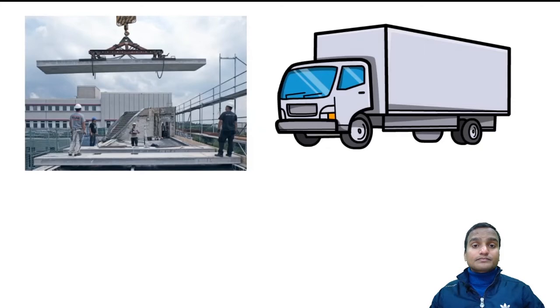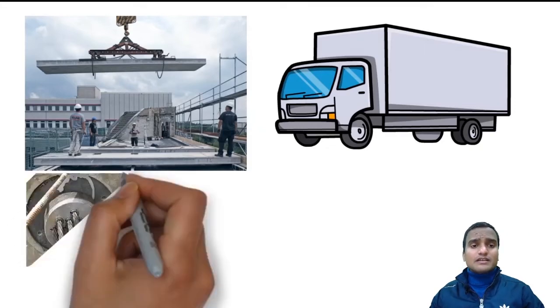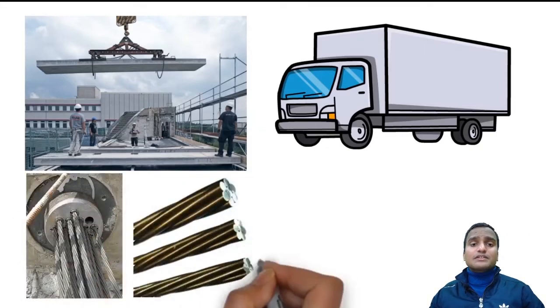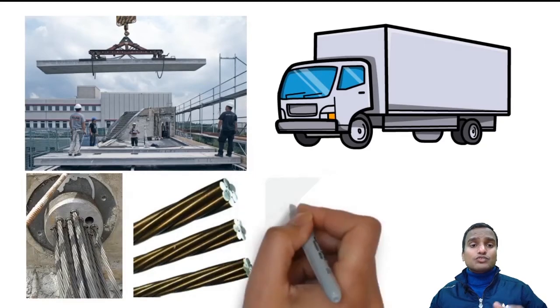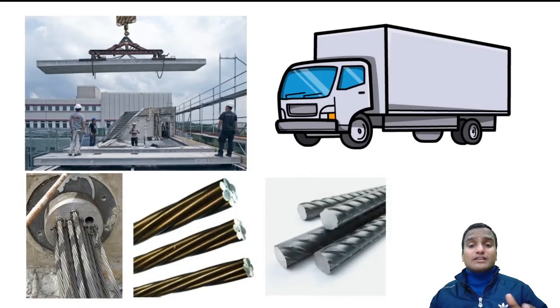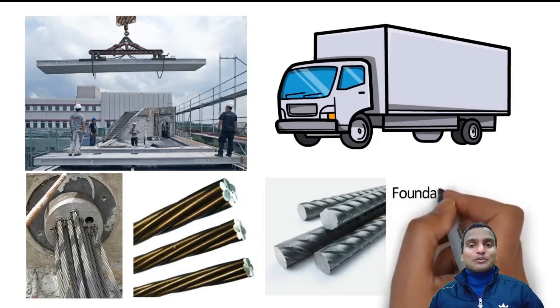There are different places where we use this, and for pre-tensioning we use different tendons like steel reinforcement, or even cable wires, and these cable wires are made of steel. So this is how we do pre-tensioning.